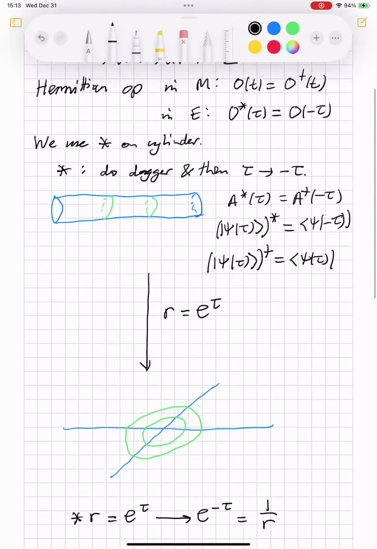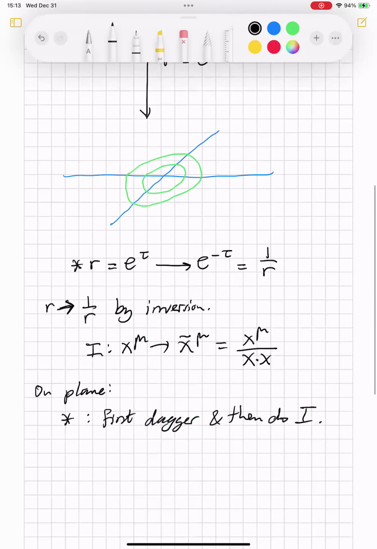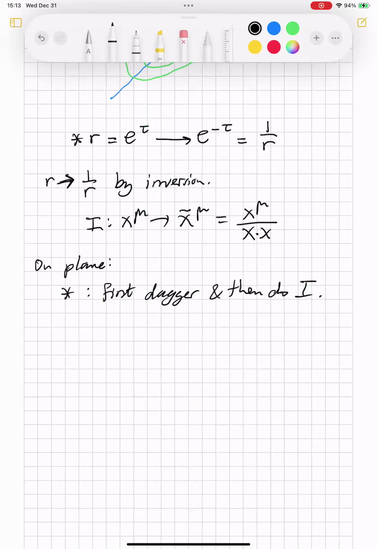On the plane, first we dagger, and then we do I. So, for example, on the plane, if we wanted to calculate A star of r, what would we do? Well, first we would take the dagger of A, and then we would apply inversion. For a state, let's talk also about how a state would transform.